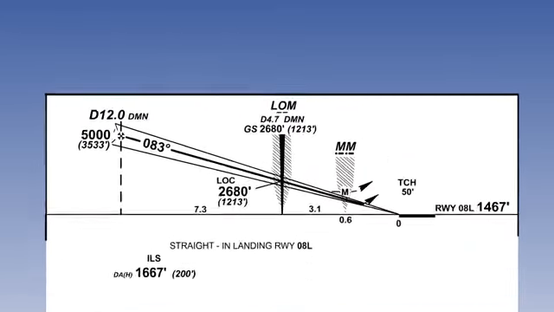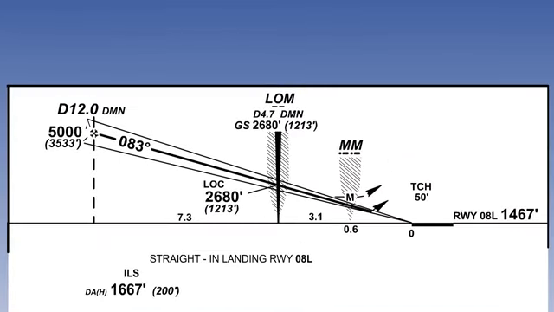Now let's look at the final part of the approach in profile. Here is the final approach fix at 12 miles DME. The required altitude is shown as 5,000 feet QNH, or you could fly a height of 3,533 on QFE. The difference is the elevation of 1,467.